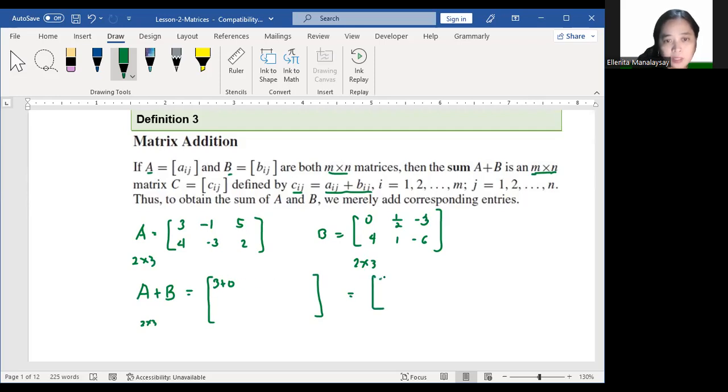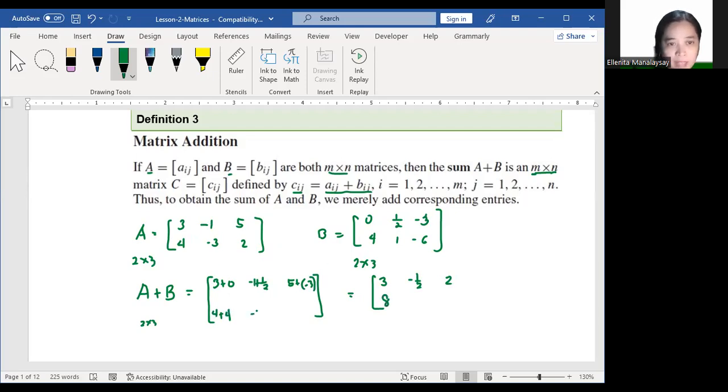So 3 plus 0, that's 3. The -1 and 1/2, -1 plus 1/2, so that is -1/2. And then we have 5 plus -3, the sum is 2. And then we have 4 plus 4, the sum is 8.